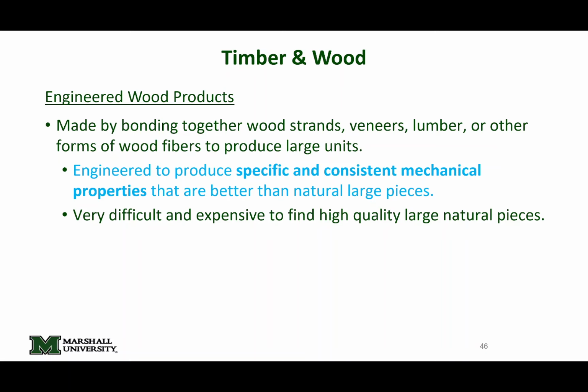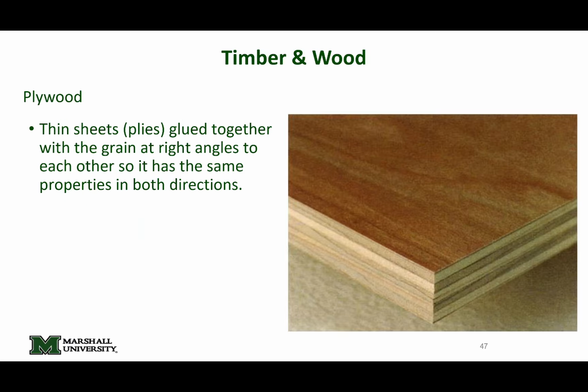Engineered wood products are basically introducing glue and other manufacturing processes to get consistent mechanical properties out of the pieces that we generate. Some of these you're probably familiar with. So take plywood. How does plywood get manufactured?